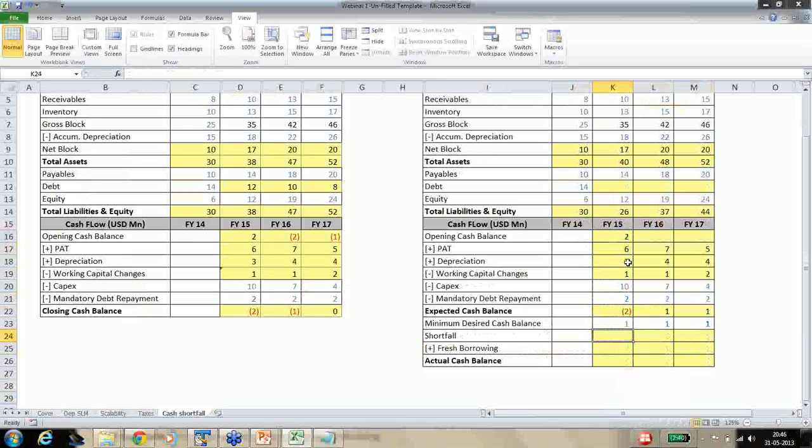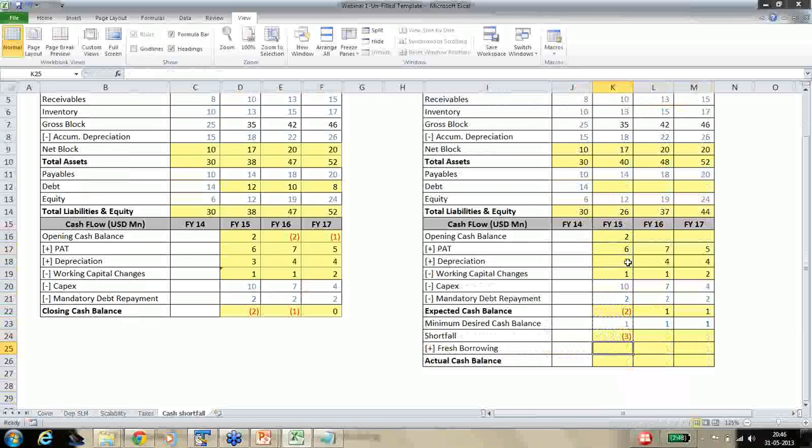So do I have a shortfall over here? So my cash balance which is projected is minus 2. I will need 1. So to achieve a cash balance of plus 1, when I'll get minus 2, my shortfall should be equal to my expected cash balance minus my desired number.